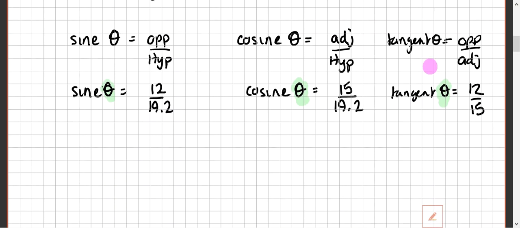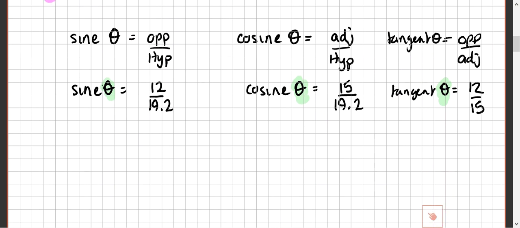We're going to continue to use your calculator. And this time, theta can be found by doing the inverse sine. It's got a sine with a little -1 at the top. It doesn't mean to the power of -1 like other things we've done. We say it the inverse sine of, in this case, 12 divided by 19.2.